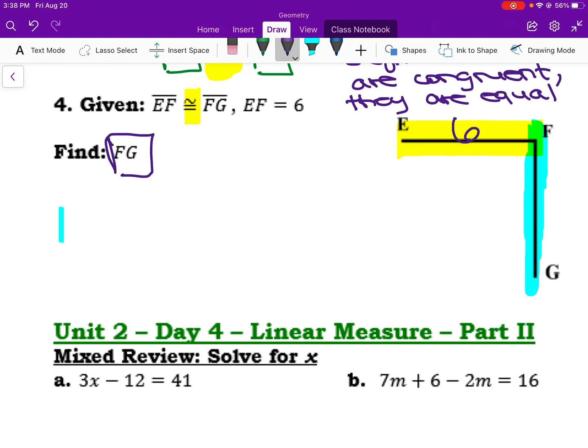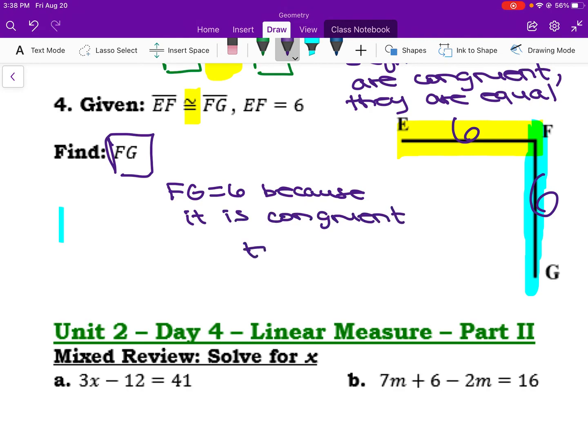If I know that this is 6 and my yellow segment is congruent to my teal segment, they have to be the same. So FG is also 6. So we say that FG equals 6 because it is congruent to line segment EF. And there you have it, guys.